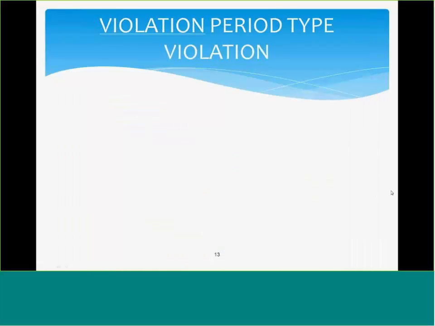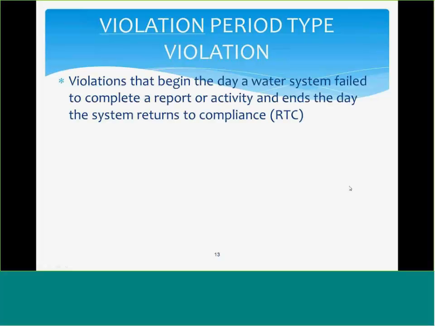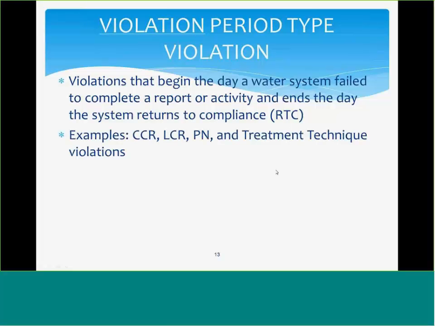Now we're going to talk about violation period type violations. Violation period violations begin the day the water system failed to complete a report or activity, and they end the day the system returns to compliance. Examples of that would be CCR, LCR, PN, and treatment technique violations.